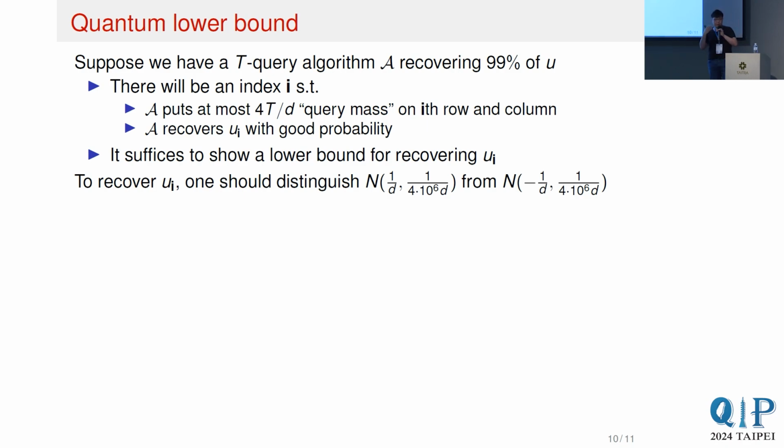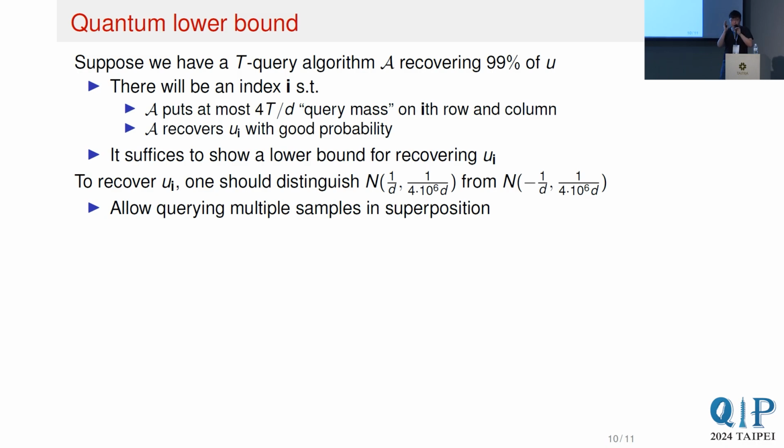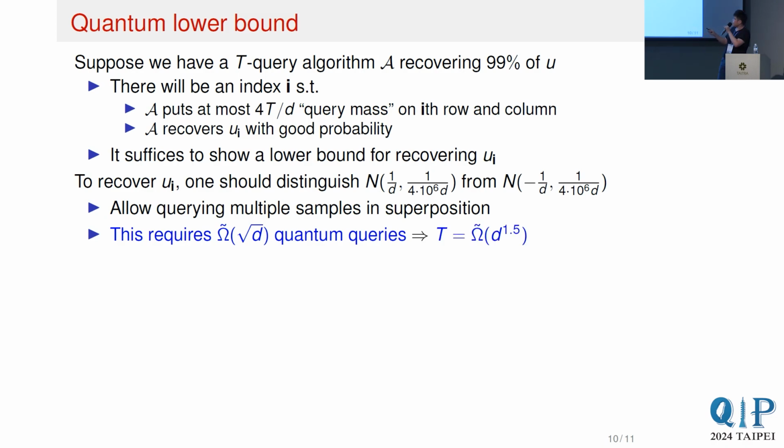But like I said, to learn UI you need to recover it from two Gaussian distributions with the means really close but the standard deviation really huge. And now you also allow the quantum algorithm to have superposition queries, so things get slightly complicated. I will not provide the detailed proof here, but in the end, we can show that square root of D quantum queries are needed for learning UI. Plugging back, we end up with a D to the 1.5 lower bound.